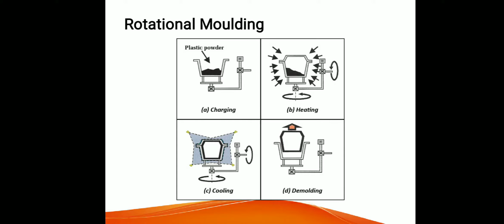The rotational speed used in that process is slow. It is gravity, not centrifugal force, that causes the uniform coating of the mold surfaces.